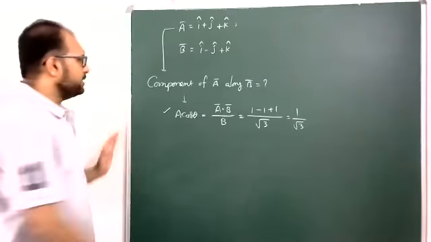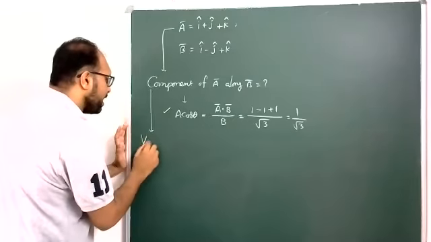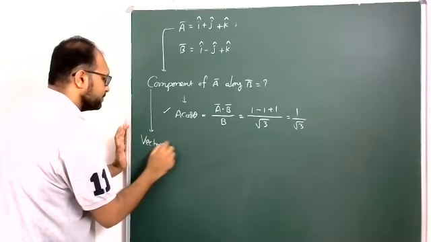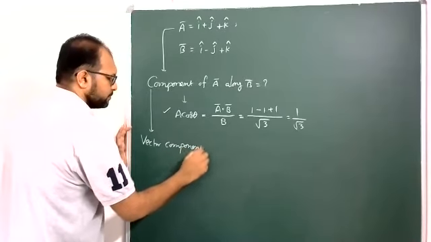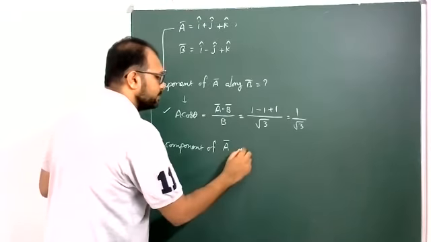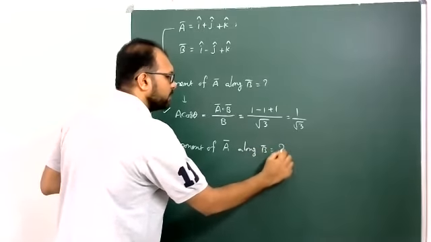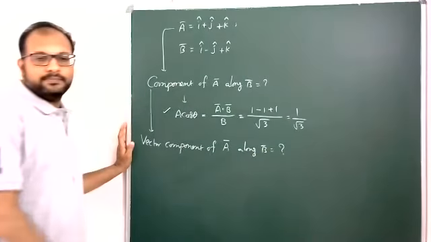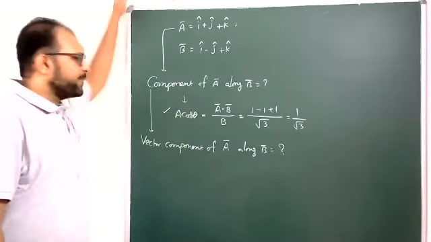Suppose the same question: vector component of A bar along B bar equal to question mark. Yes, scalar component completed. Now the vector component.